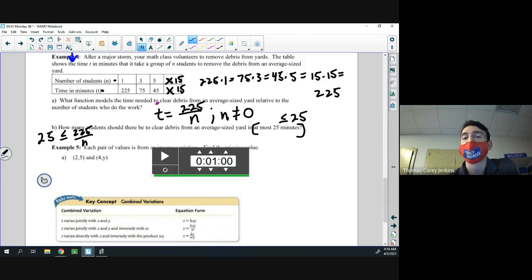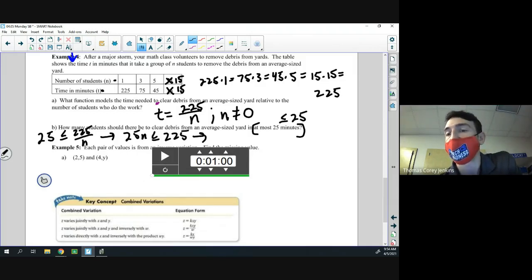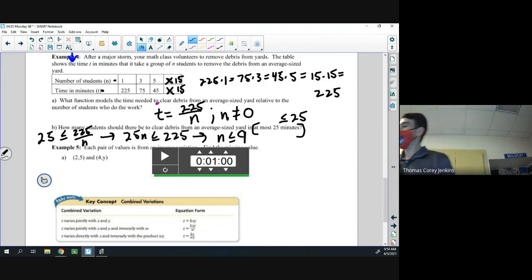All right, so then we'll try to solve for n. So we probably multiply both sides by n first. Then we can divide both sides by 25. All right, I have n.